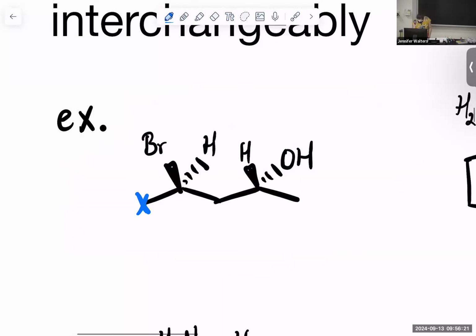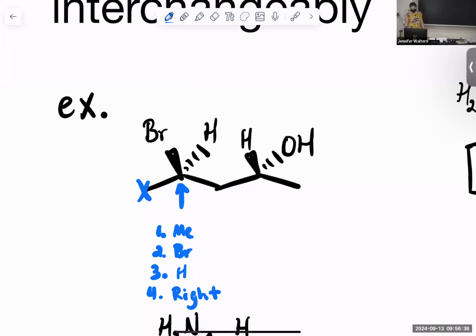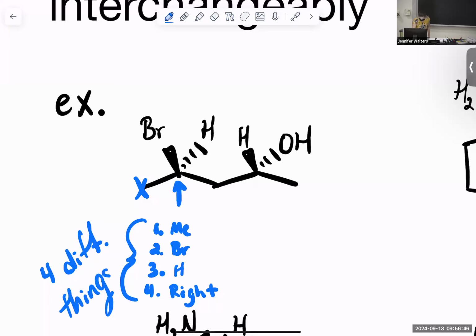I need 4 different things. That carbon has a methyl group to the left, a bromine on the wedge, a hydrogen on the dash, and the right side of the molecule to the right. Those are 4 different things. That is going to be a chiral center.